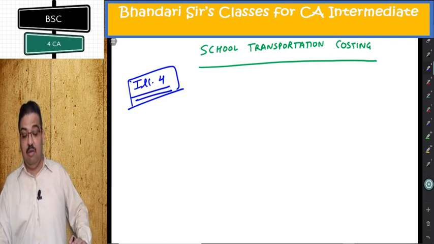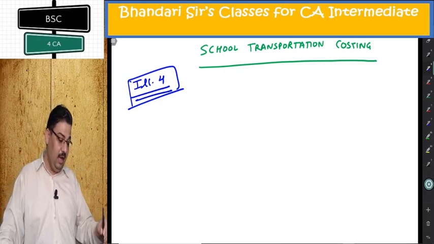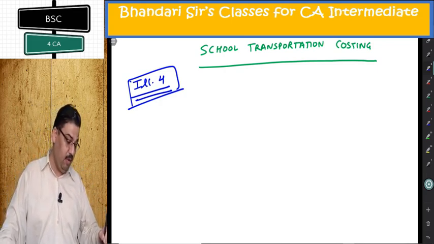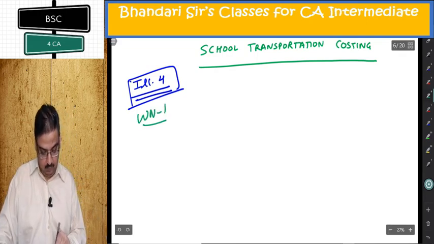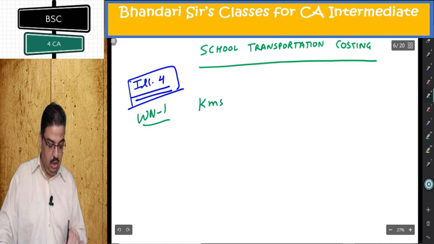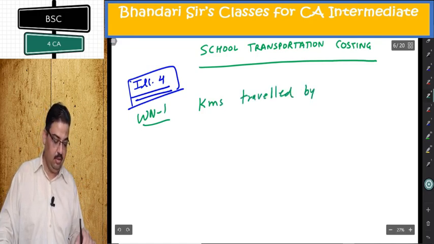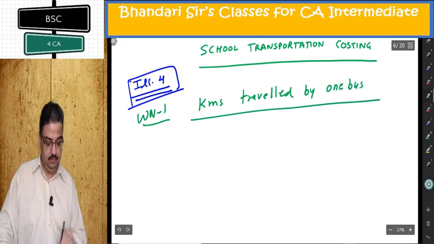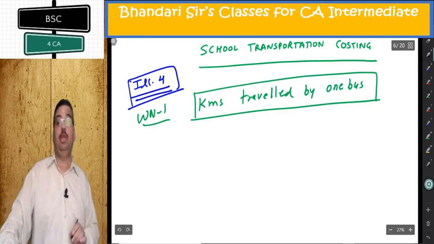The distance travelled by each bus one way is 8 kilometers. I'll need kilometers travelled, so let's make a working note here. Working note 1: kilometers travelled by one bus. I'll do it in exactly the same way as I have taught you earlier.